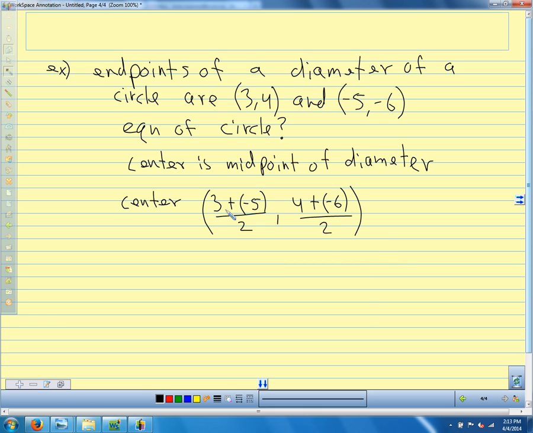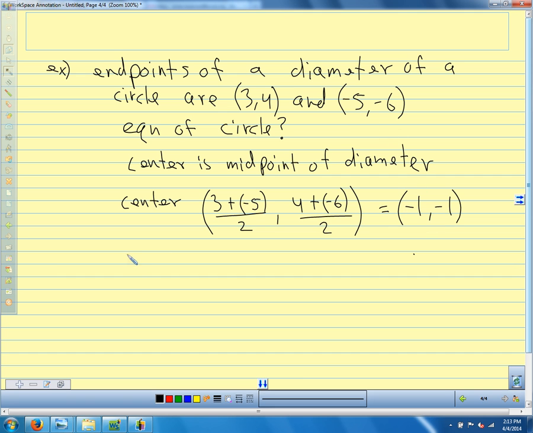So 3 plus negative 5, what do we get? Negative 2 divided by 2. We get a negative 1. And 4 plus negative 6 is negative 2 again. So we get the center is at (-1, -1). And then we can find the distance from the center to either one of these points.